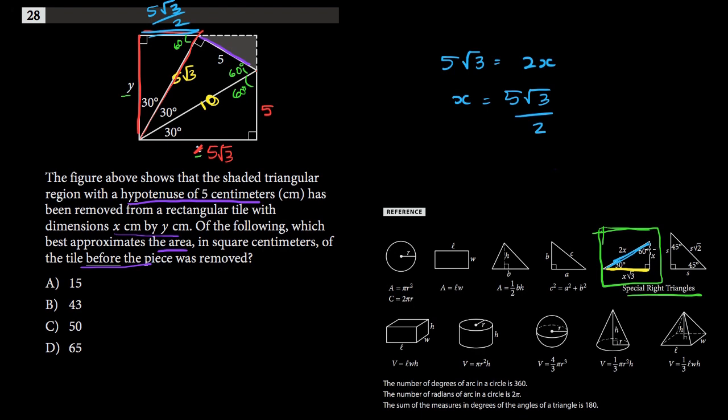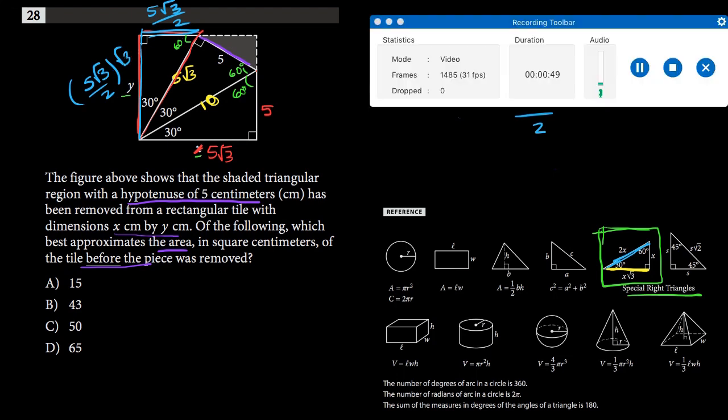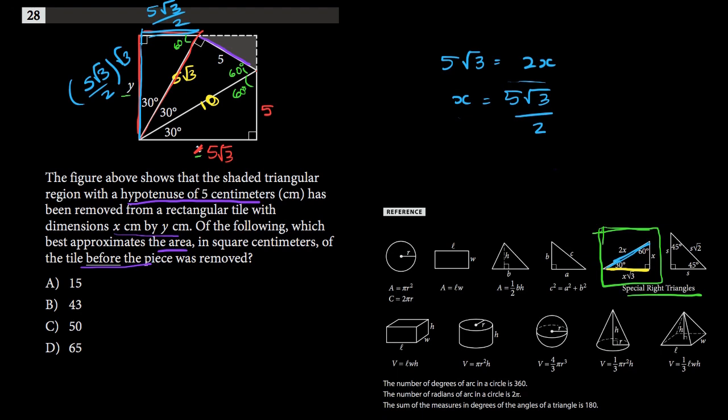We know that the adjacent side, the slightly longer side, this one right here, is going to be x root 3. So if 5 root 3 over 2 is our x, then this side is equal to 5 root 3 over 2 times root 3. That is what we have so far.